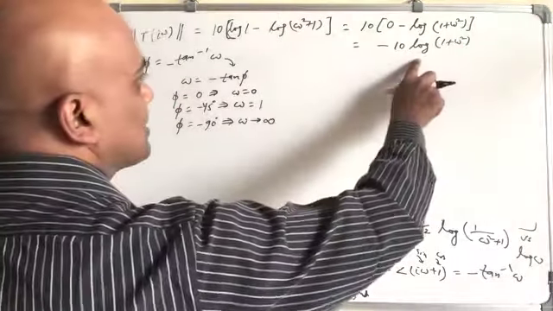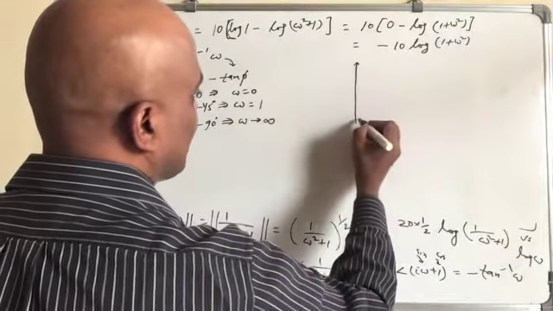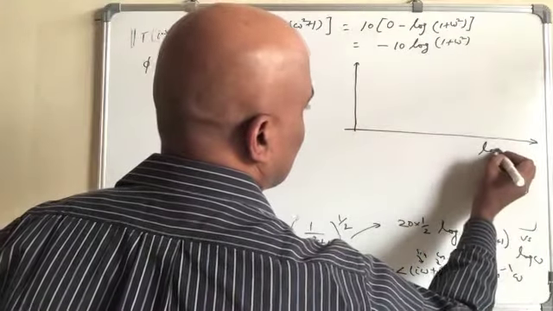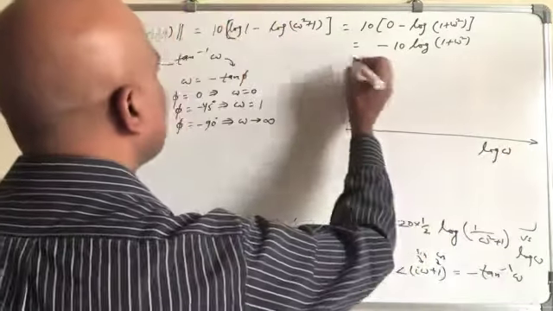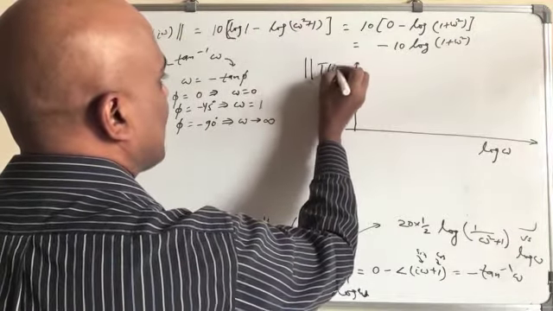Now plotting this, how we have to plot? So we have like this. This is log omega, and here we are going to plot this T I omega.